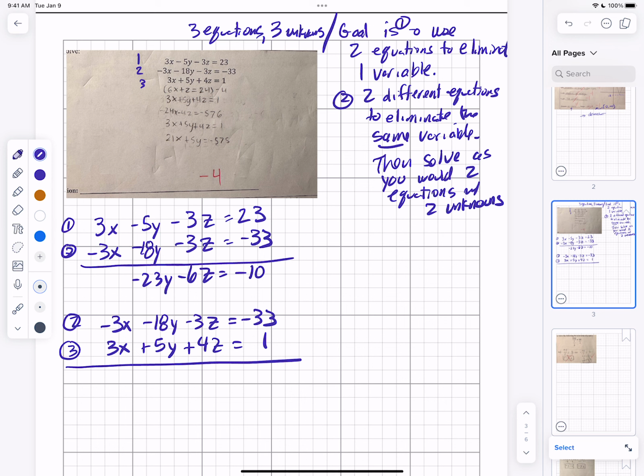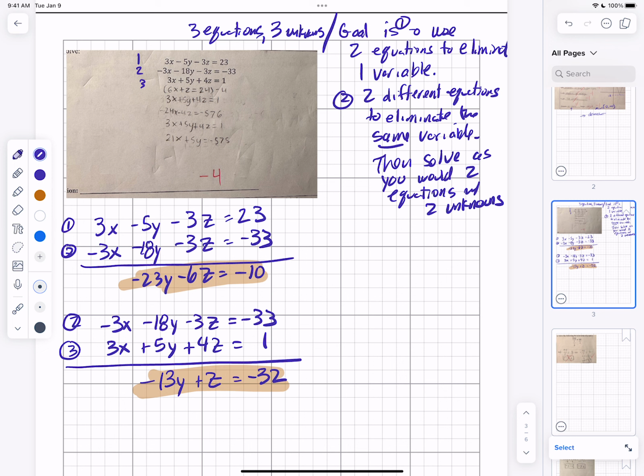And when I do that, I get -13y plus z equals -32. Now the genius in this is that I have two equations and two unknowns, and now I know how to do that. That's back in 8th grade math, or in regular algebra.